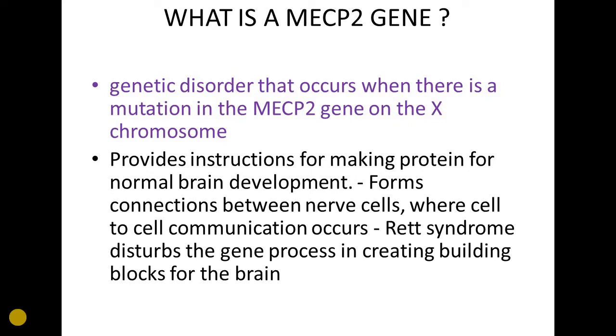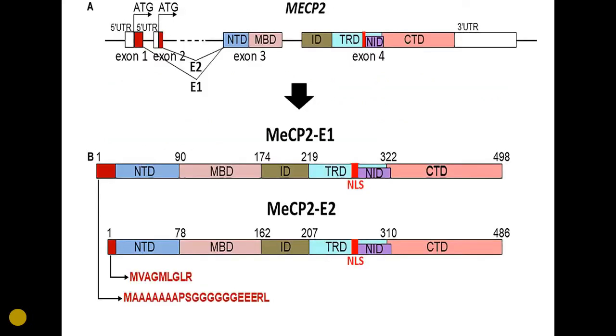This gene provides the instructions for making protein for normal brain development, and it forms the connection between the nerve cells where the cell to cell communication occurs. And Rett syndrome disturbs the gene process in creating building blocks for the brain. So this is the location of the MECP2 gene on the chromosomes, and that is also on the X chromosome.